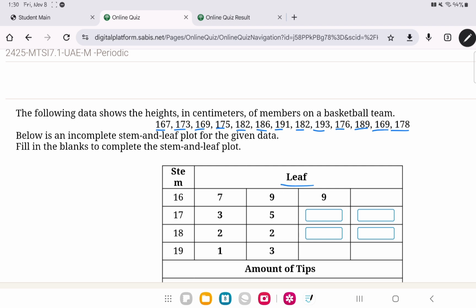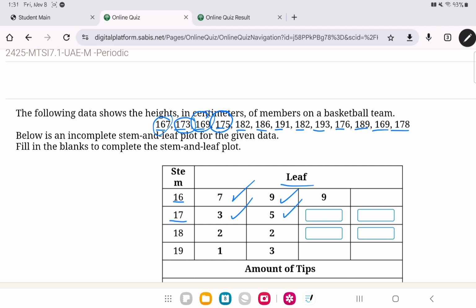So we're going to start with 167. You have 16 and 7, correct. 173, you have 17 and 3. This is also correct. 169, you have 16 and 9. This is also correct. 175, you have 17 and 5.